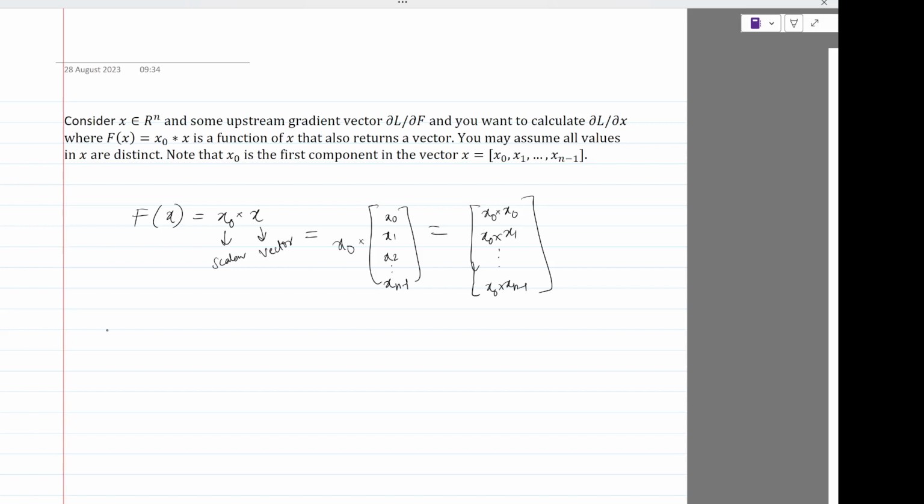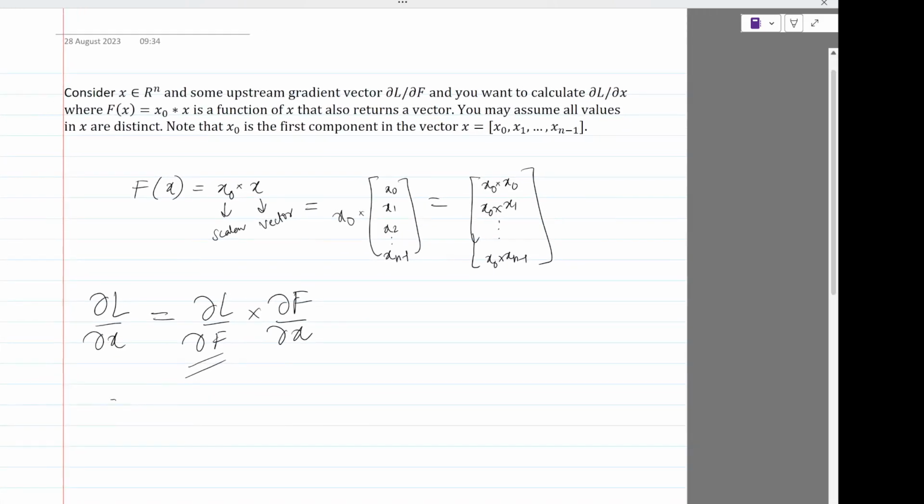What we want to calculate is del L by del x. So that will be del L by del f into del f by del x. This is given to us, that is what they are saying. Assume this is given and you want to find del f by del x.